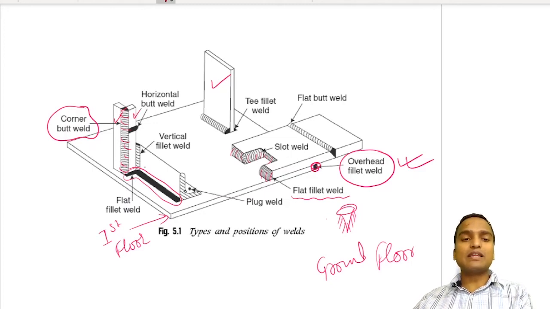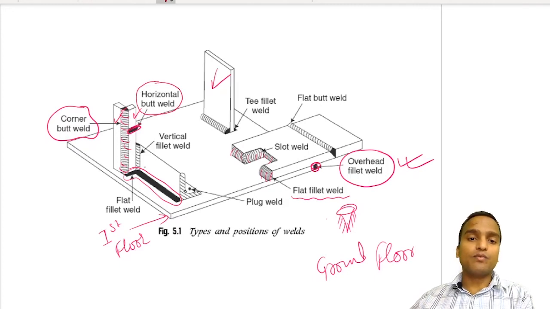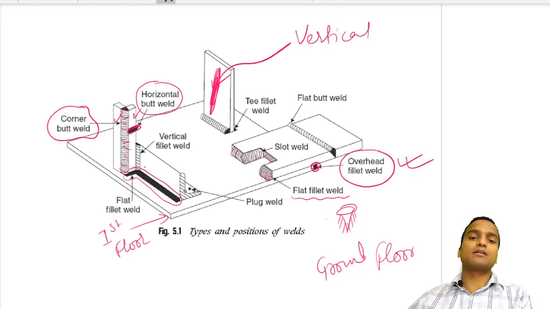So whatever welding we do on the side walls comes under the category of horizontal and vertical welds. Now if I do welding horizontally on the walls, such a type of welding will be horizontal butt weld. And if I do welding like a vertical strip on these walls for connecting metal pieces, such a weld will be vertical butt weld.